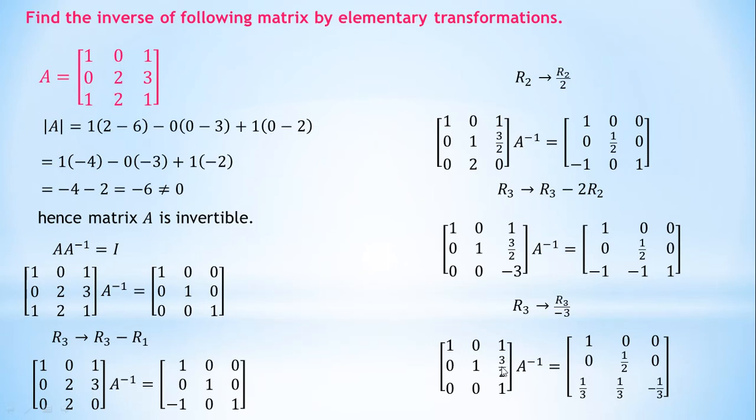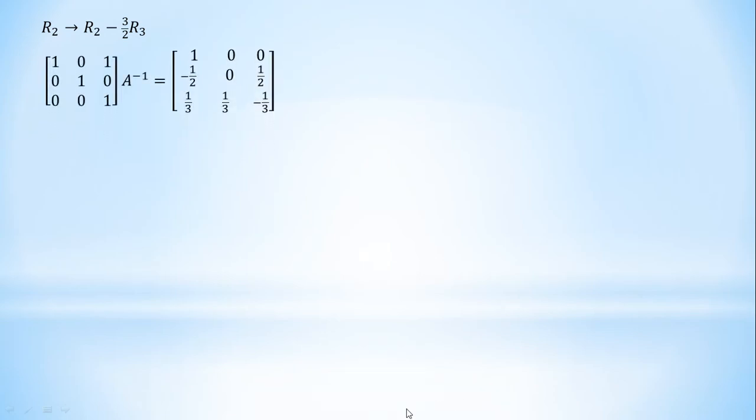To get 0 here, R2 minus 3 by 2 times R3. That is 3 by 2 minus 3 by 2, you will get 0 here. That's why we use that. So by this transformation, here you will get 0. Other elements remain as they are.